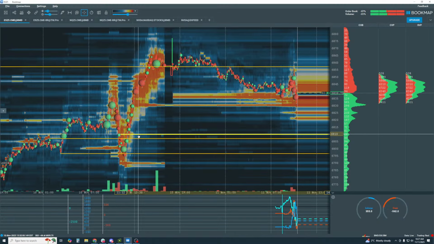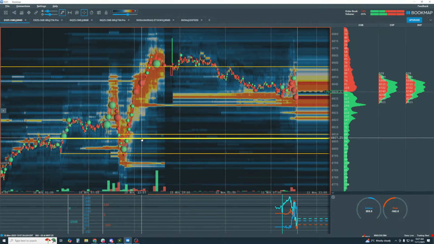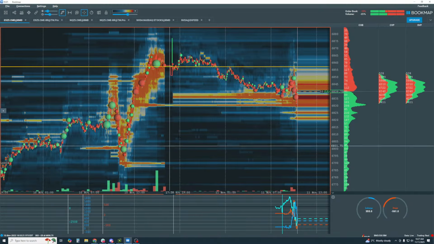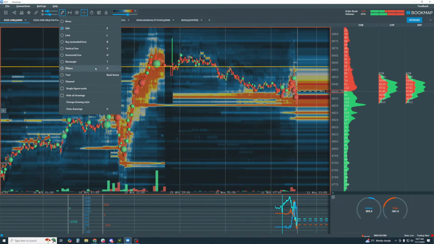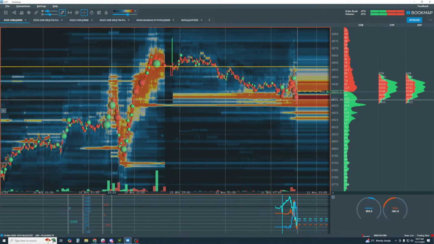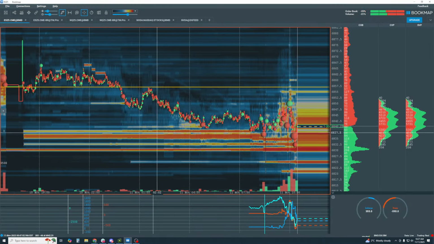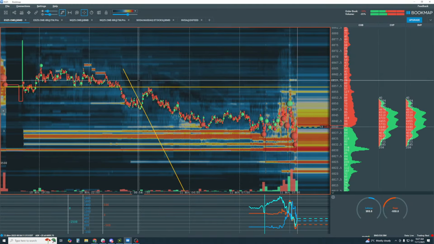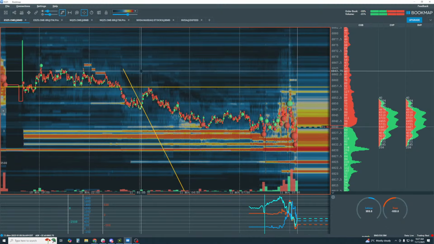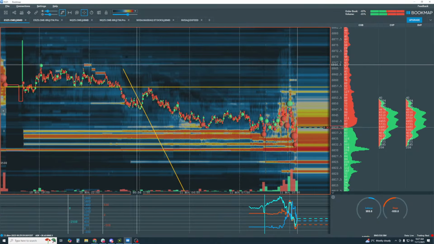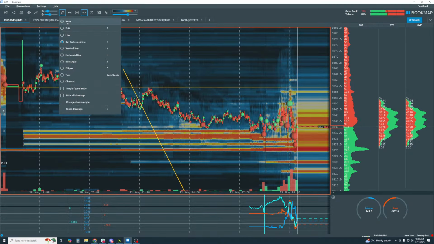Now, at this point, I can get rid of all of these other ones in here, and we may redraw them later. Okay, I am interested in this key level here. Let's just zoom in a little bit. Hold on a minute.